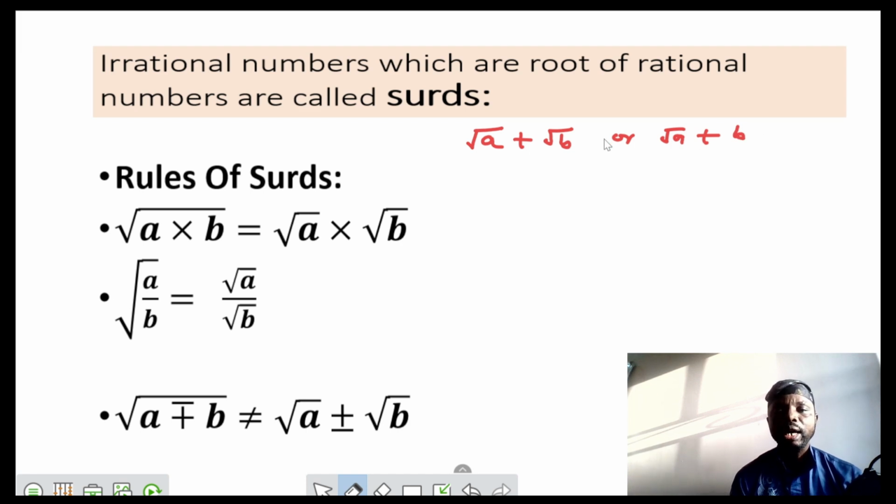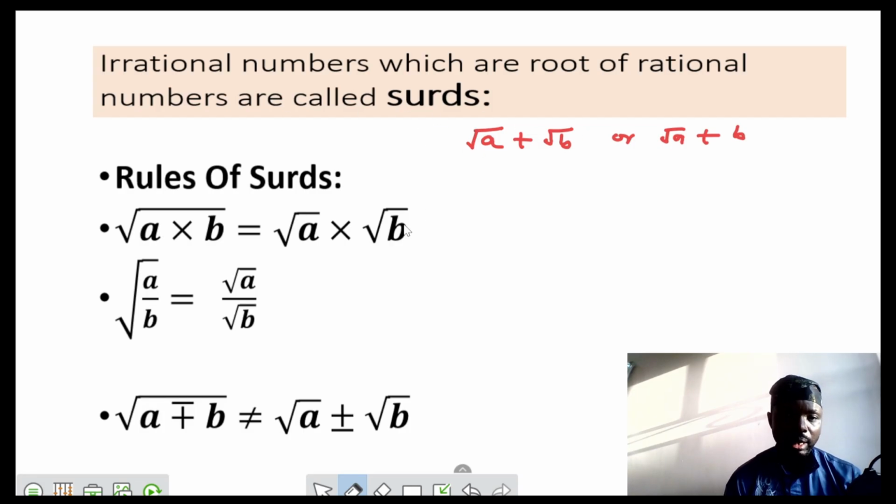So any expression that has a root, even if the number there is a prime number or odd number, becomes irrational. So surd is a way of approximating irrational numbers.